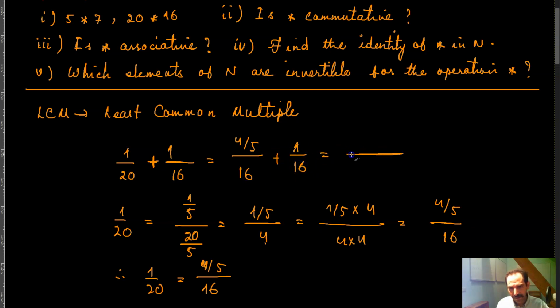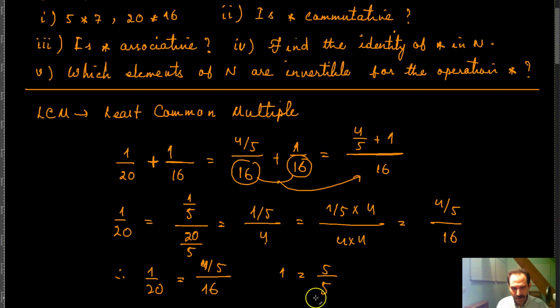Now I can write the common denominator as 16 and add these two together, meaning 4/5 plus 1, and you know that 1 is the same thing as, for example, 5/5.